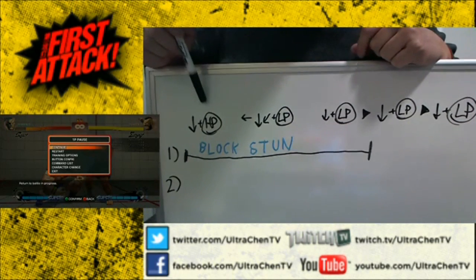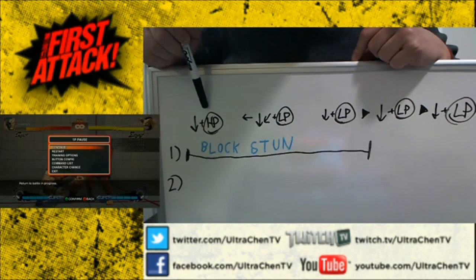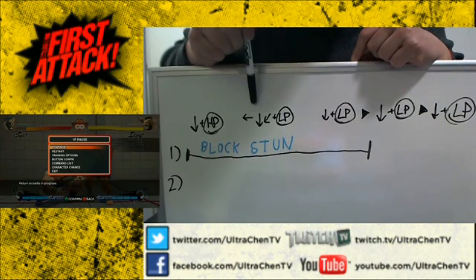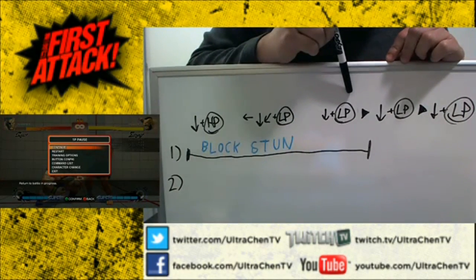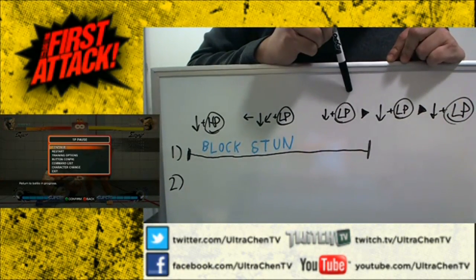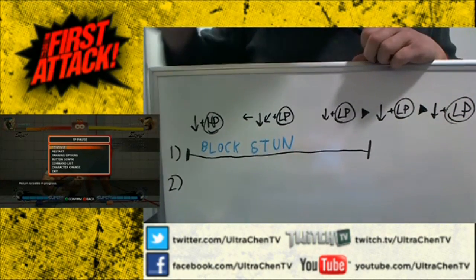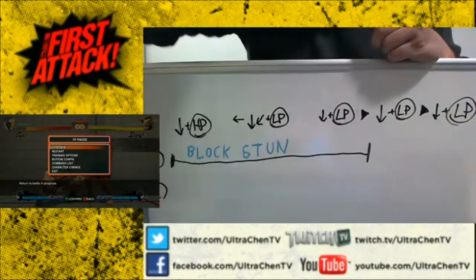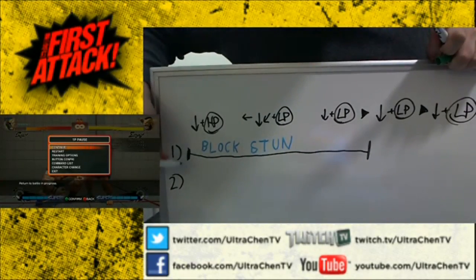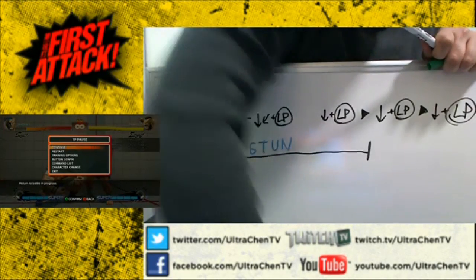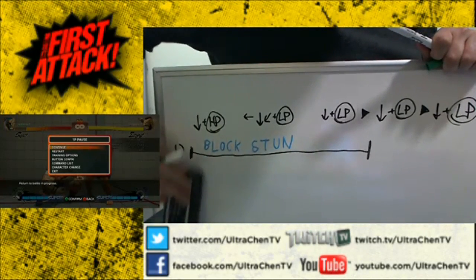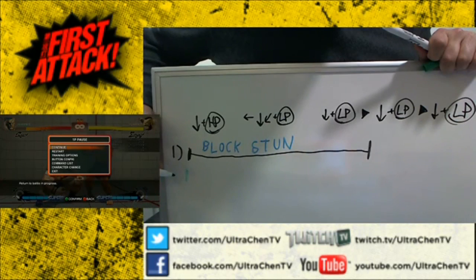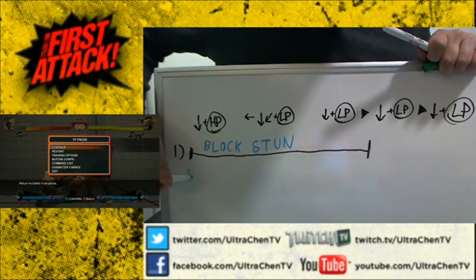Now if you notice, what happens is that I do jumping hard punch, immediately enter the reverse dragon punch plus light punch, and then another down light punch. So what happens here? This, like I said, is Sagat's block stun. What I'm going to draw right here is the time Zangief is in the air.